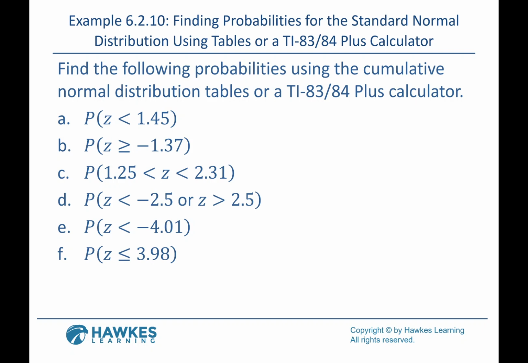On A, the thing to pay attention to is the way the inequality goes. If you take a less than symbol and turn that into an arrow, it points to the left. So here we want the area to the left of that z value, the area to the left of 1.45. That's easy.